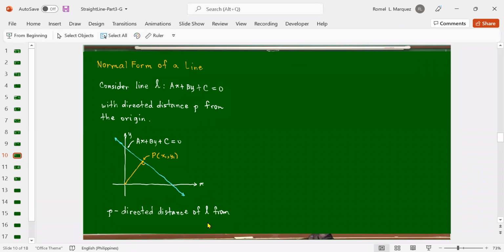From the origin. Take note, from the origin going to the line. So that is denoted by small p. And its normal angle is the angle of inclination that this p makes with the positive x-axis. So this is beta. Let's call that beta. So beta therefore is called the normal angle.